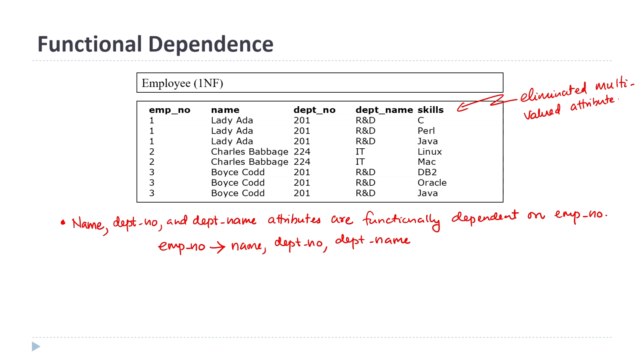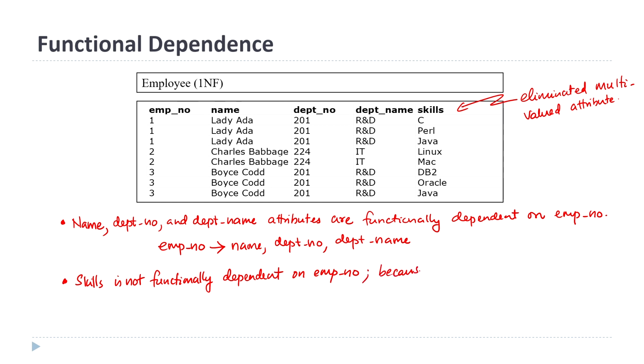Then what about the last column? Skills is not functionally dependent on employee number. Why is it not functionally dependent on employee number?